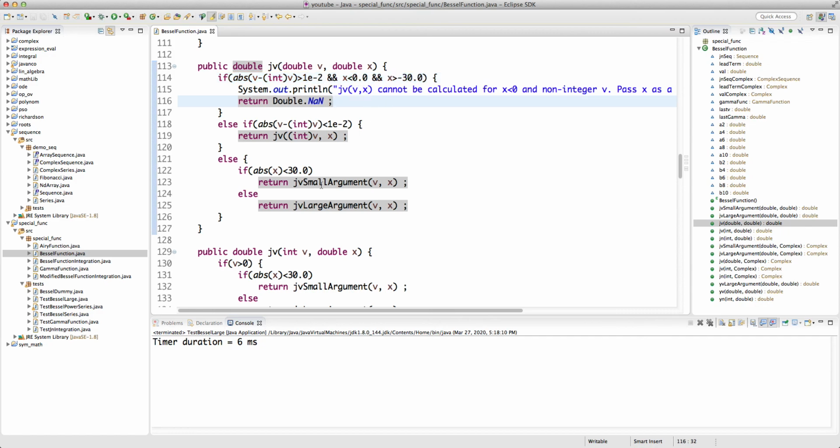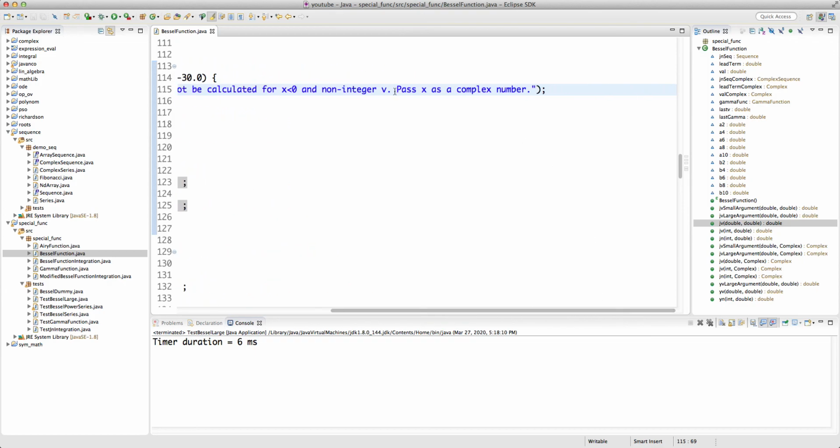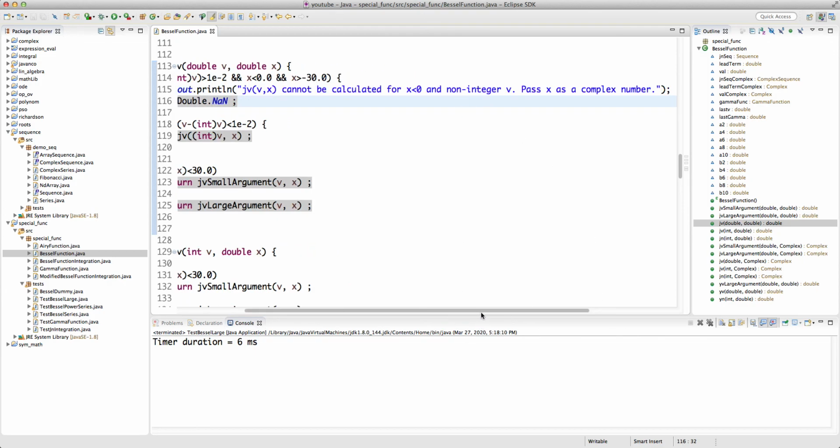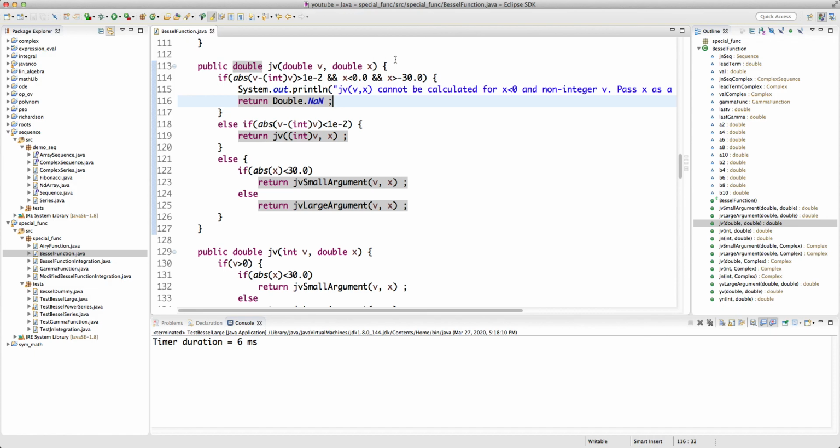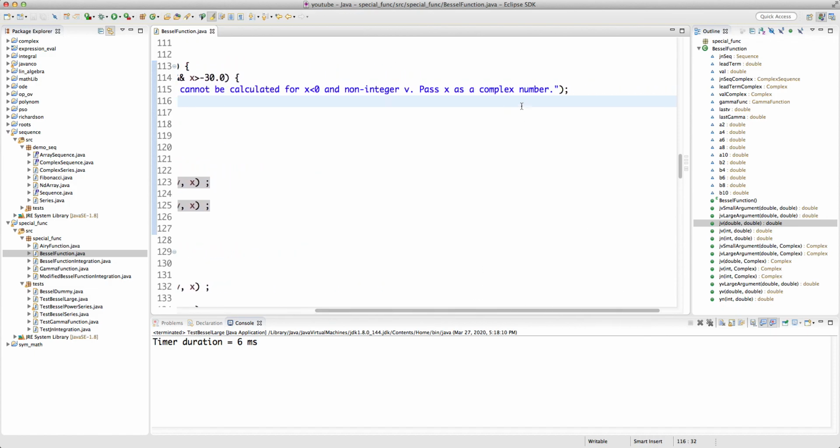Now remember, the small argument approximation works between 0 and 30 for positive or negative. I'm saying that I couldn't calculate the j nu, and you need to pass x as a complex number. By a complex number we mean: just pass x as x plus j times 0 times j. So it doesn't have an imaginary part, but it's a complex object.